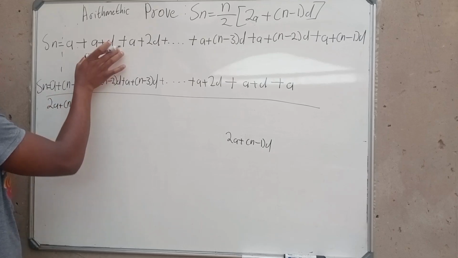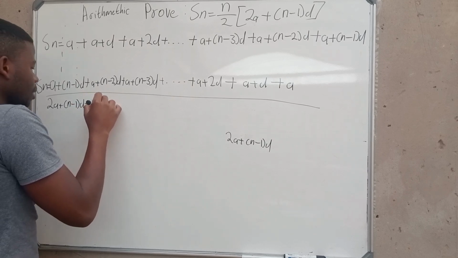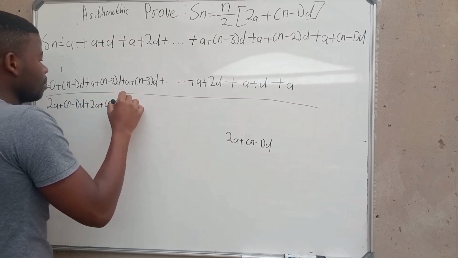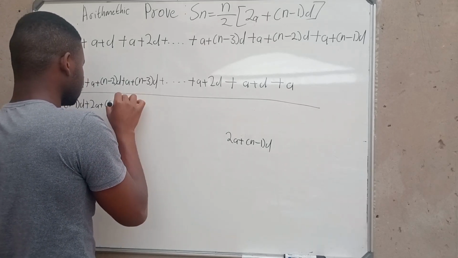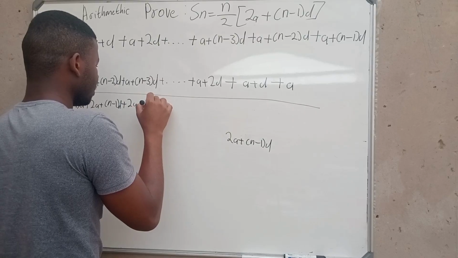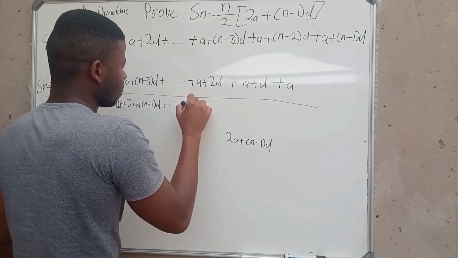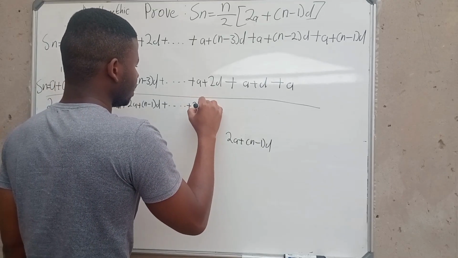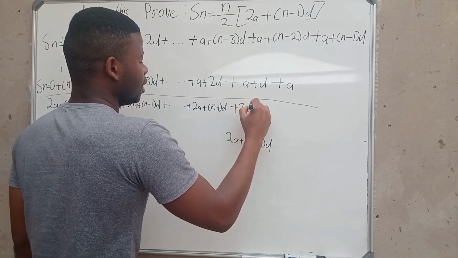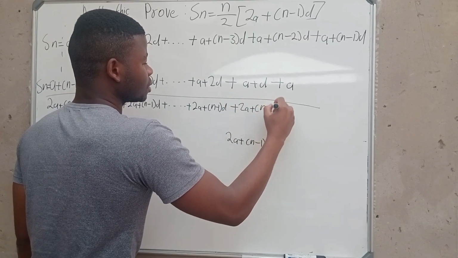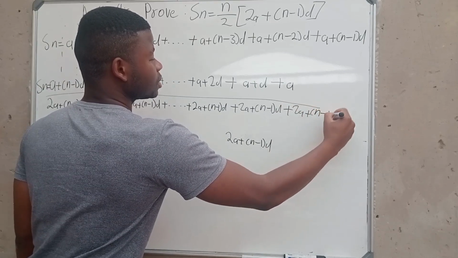And then when you add this and that, you're going to get plus 2a plus n minus 1d, plus 2a plus n minus 1d, plus 2a plus n minus 1d.